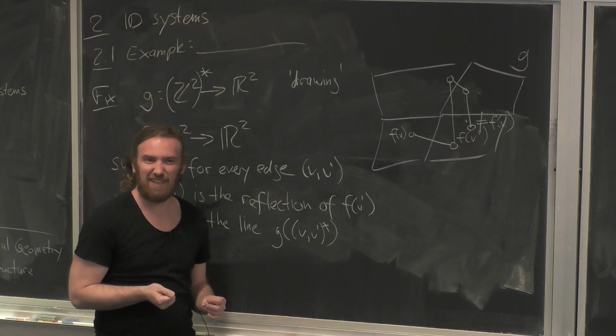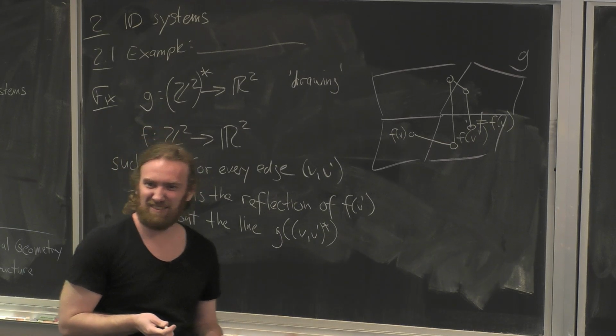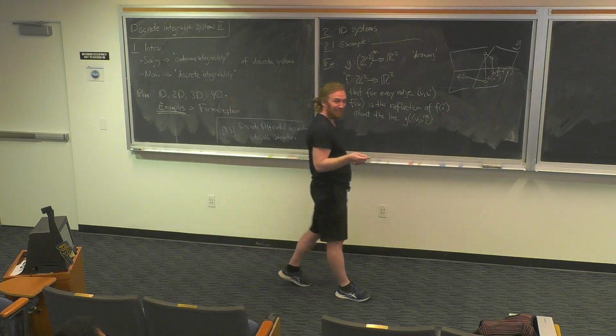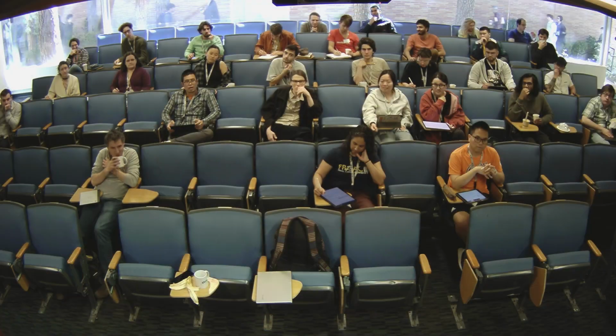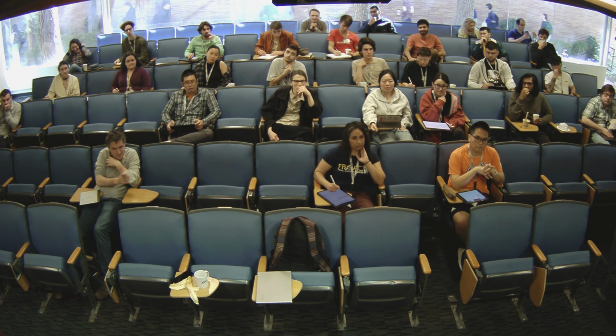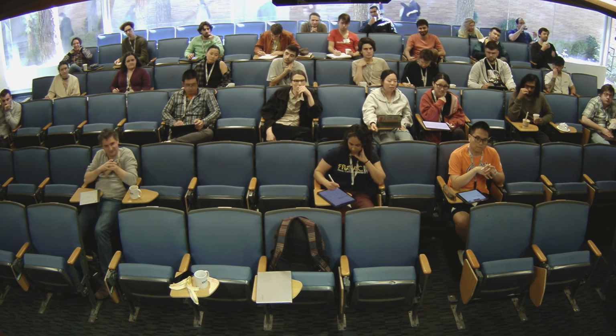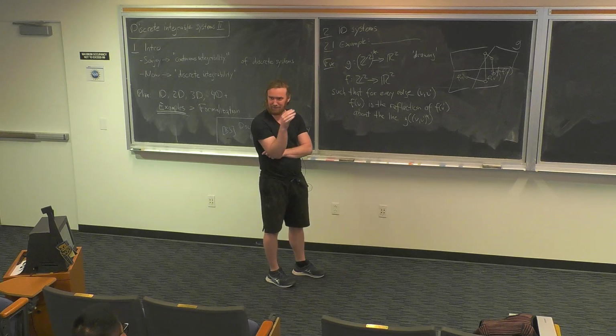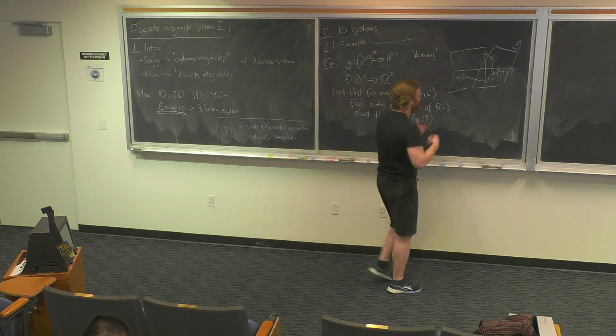So what to do? Any ideas? I heard, we could change g. Maybe this is not a good g for this problem. So let's analyze a bit how we can understand this.